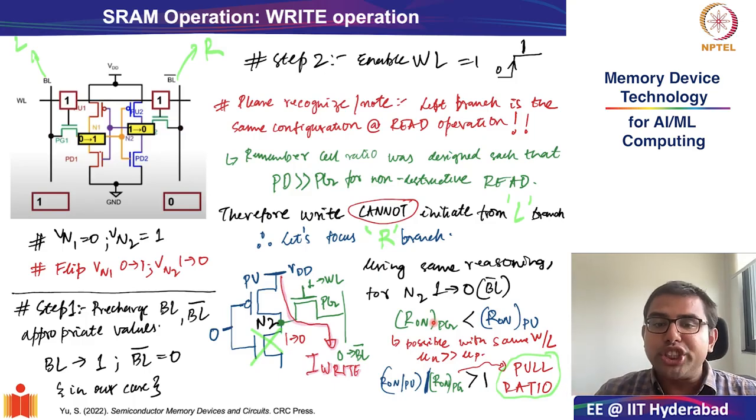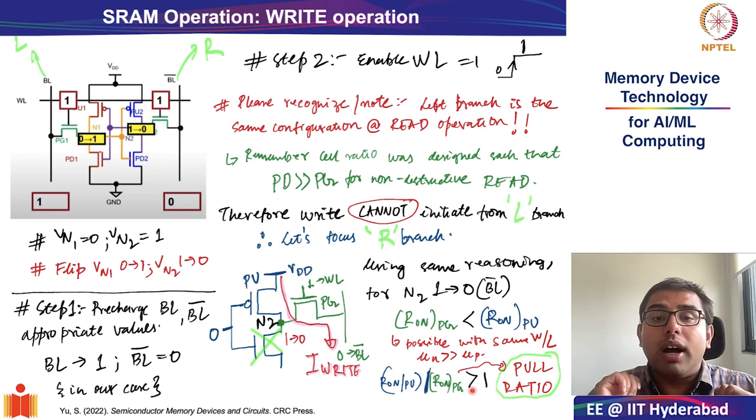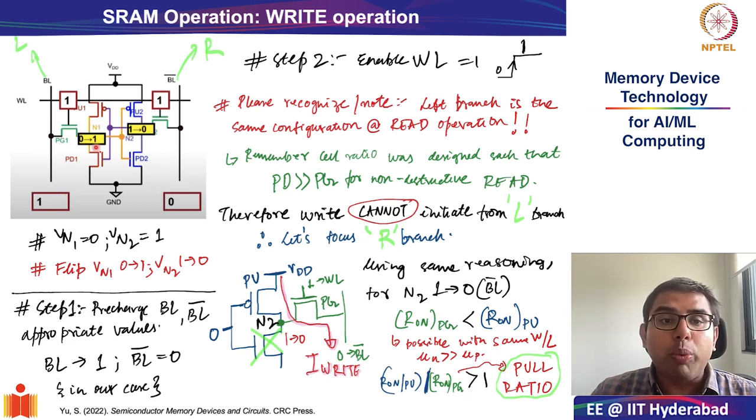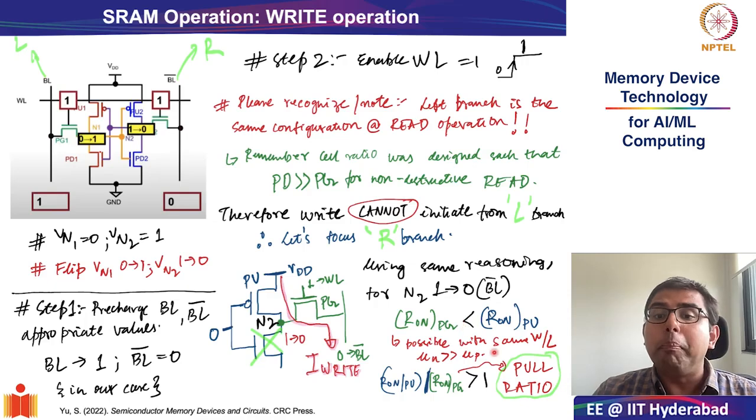And this ratio between the on resistance of the pull-up transistor divided by the on resistance of the pass gate transistor is now called the pull ratio. Remember, in read operation, the ratio between the pull-down transistor and the pass gate transistor was called the cell ratio. Here it is called the pull ratio.